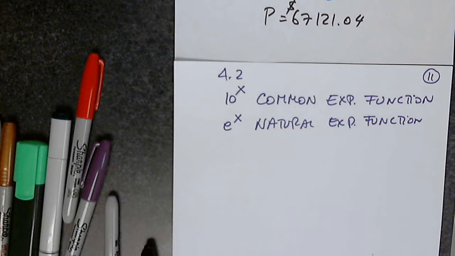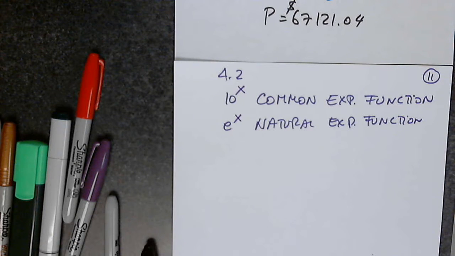So let's graph both. We remember that e to the x is right here, in blue, e to the x. So the first one in blue will be e to the x. 10 raised to x would be in red.